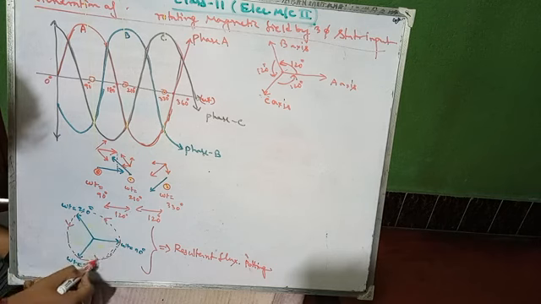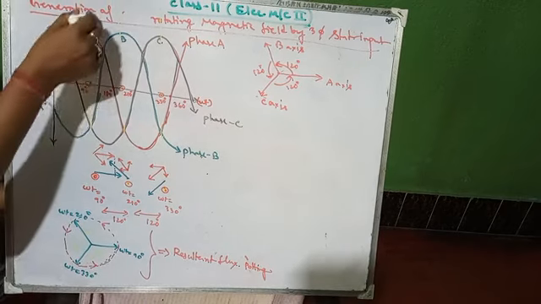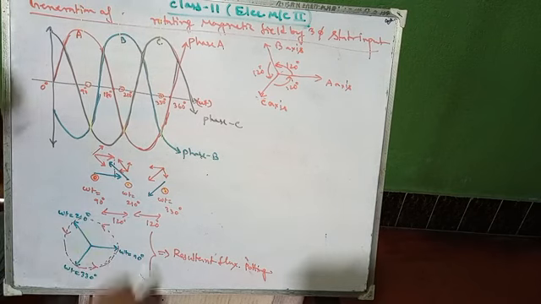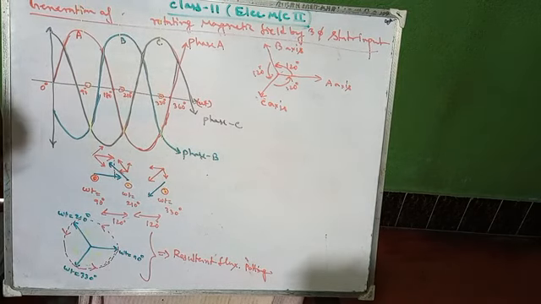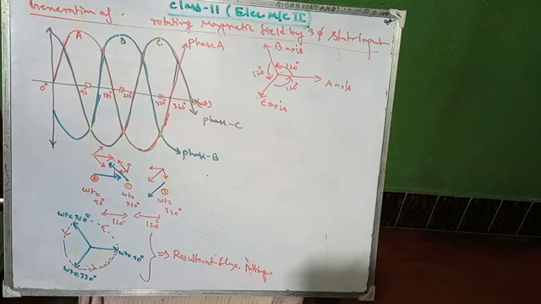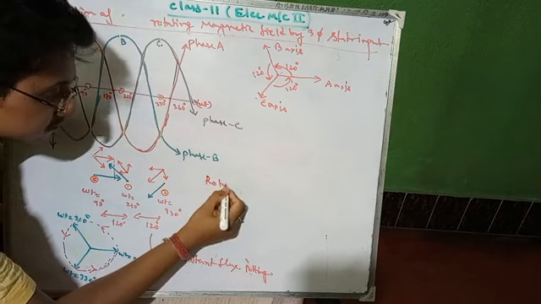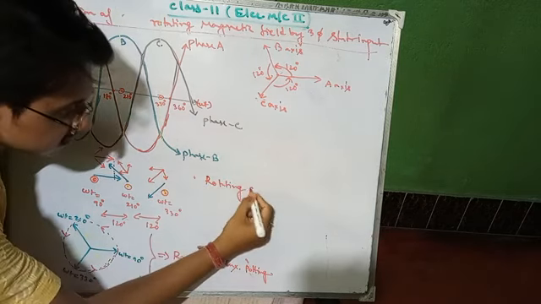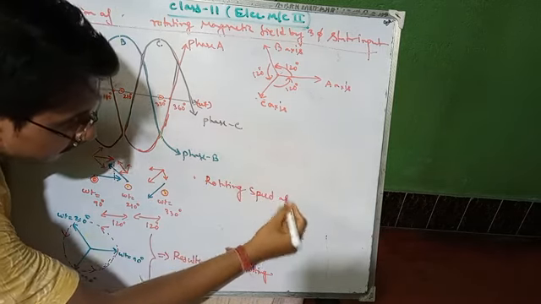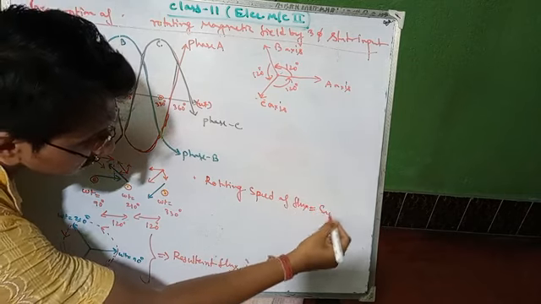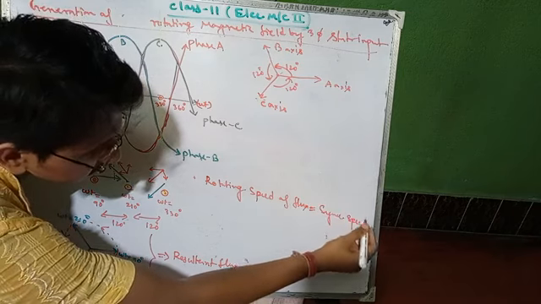Okay. So if we find any points in between these two, then you can easily check that it is rotating in this direction, that is anti-clockwise direction. Okay, the flux is rotating. So here, as a conclusion, the rotating speed of flux is called the synchronous speed of the machine.